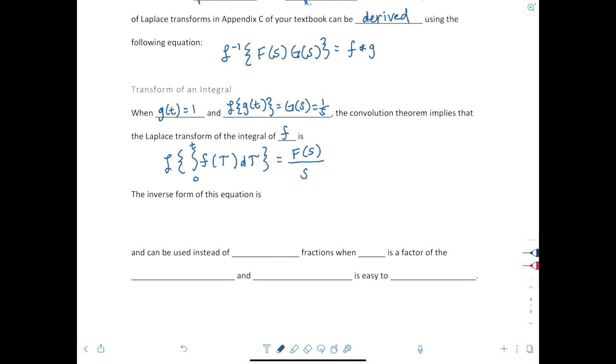So the inverse form of this equation would, of course, be the integral from 0 to t of f at tau d tau is equal to the inverse of that Laplace transform of f at S over S. Cool?